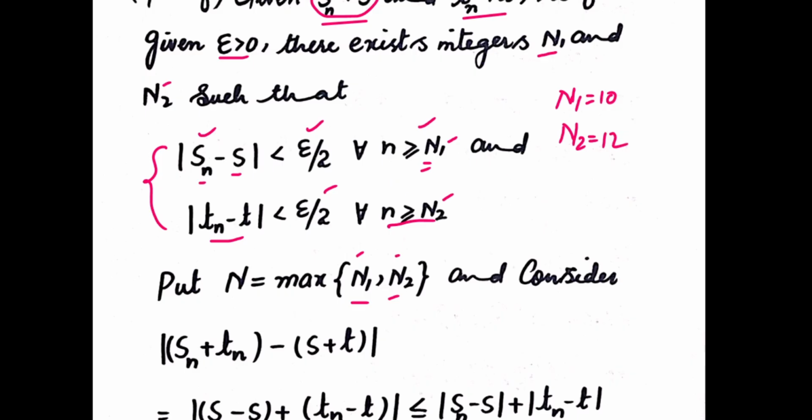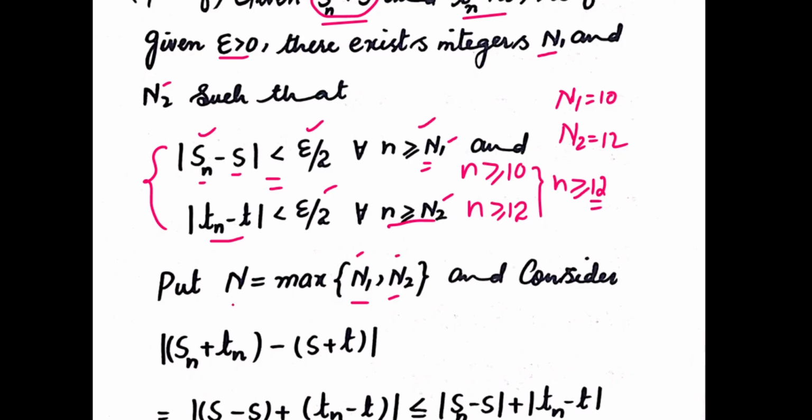It means the first inequality is true when n is greater than or equal to 10, and the second inequality is true when n is greater than or equal to 12. Now I want to ask, when will both of the inequalities hold? What is the common value for which both inequalities hold? The common value will be n greater than or equal to 12. And what is 12? 12 is actually the maximum of these two numbers. So that's why we are taking the maximum of these two integers.